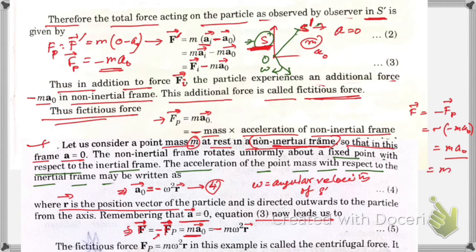If you use equation number 4 here, instead of a naught you put minus omega square r, and this is going to be equal to minus m omega square r. So that's how we have got this. This is equation number 5. This is the fictitious force fp, which is equal to m omega square r, which is also the centrifugal force. So that's how we can prove that centrifugal force is also a fictitious force. Hope you have understood this.